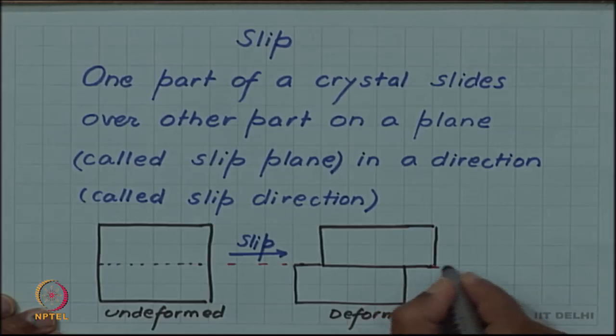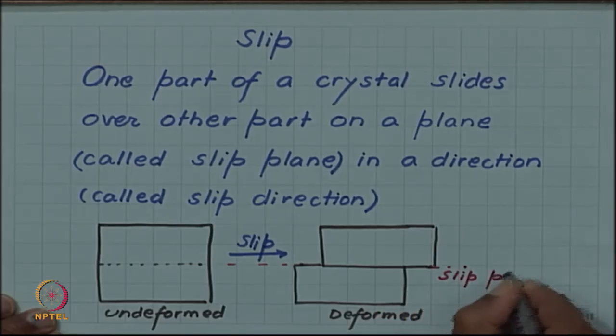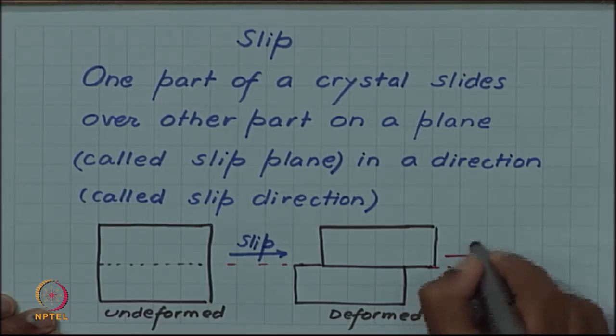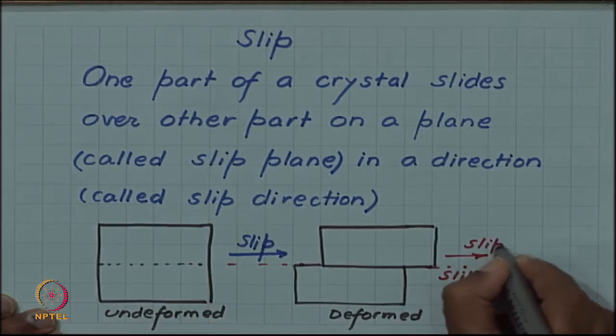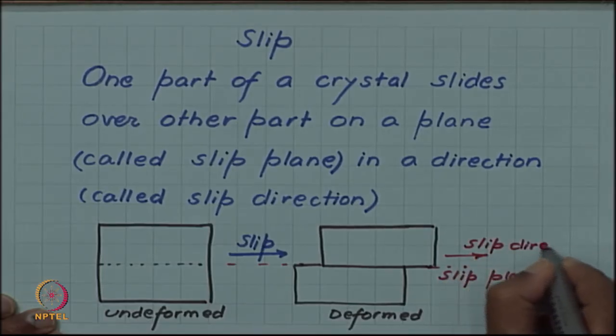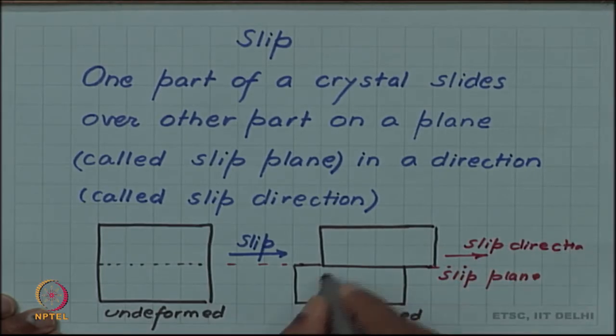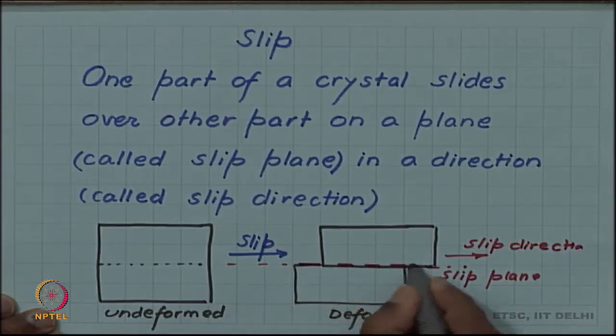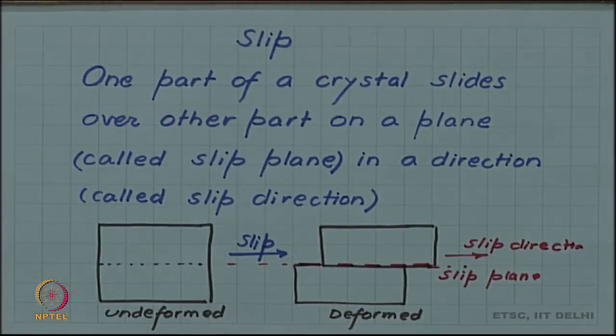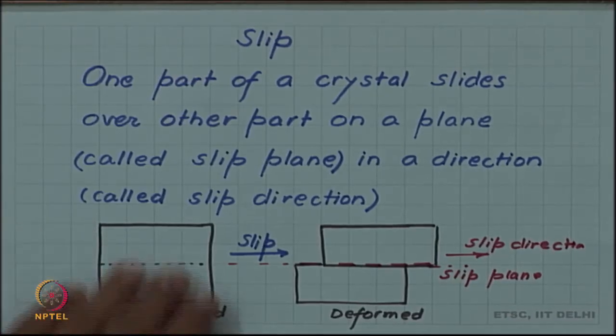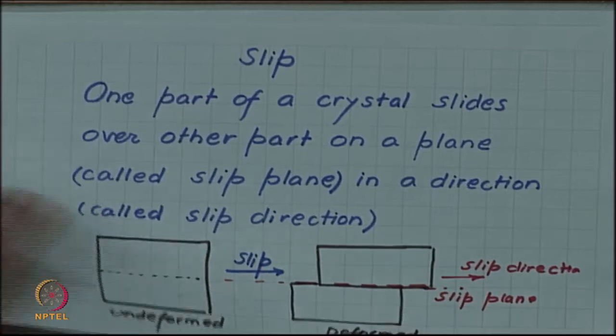So, this plane is the slip plane, and this direction will be the slip direction. This plane is the slip plane in the material. So, this is the basic mechanism we are accepting for plastic deformation.